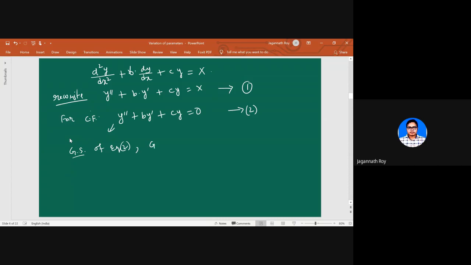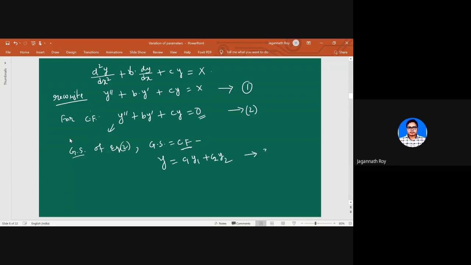General solution equals CF plus PI, but the right hand side is 0, so PI will be 0 here. So for this equation 2, the general solution is the complementary function, and we know that the general solution can be written as y equals c1 into y1(x) plus c2 into y2(x).